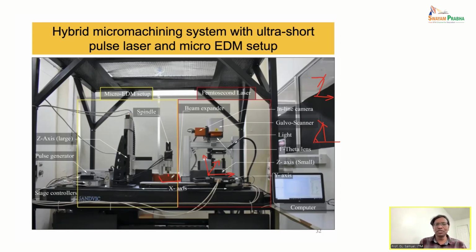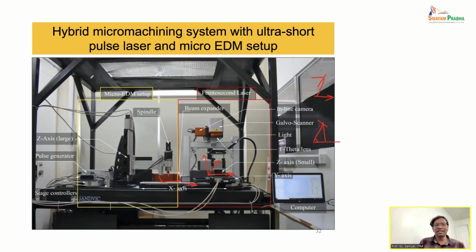So thus we produce the main hole by using electrical discharge machining, which has a better MRR, and then transfer it through this long drive mechanism. It's a linear stage where we can automatically move it to this stage, and then the laser finishing will be done. So that is the reason it is called a hybrid micromachining system, by using EDM and the laser. And it is not simultaneous.